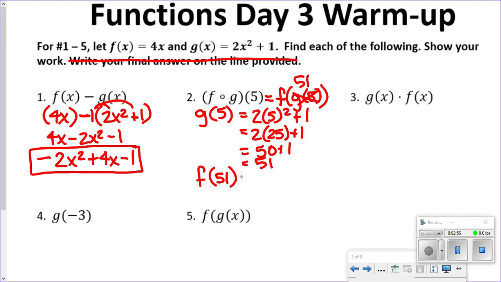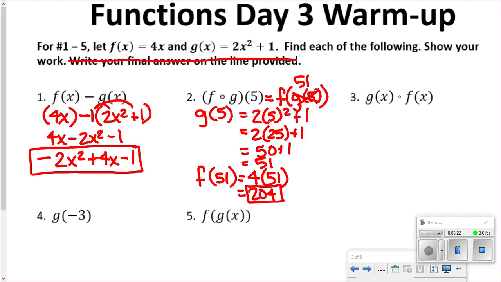So that's what it means to do that composition. So then that's going to be 4 times x, which is 51, which is going to be 204. So that's the final answer you would write on your answer line.